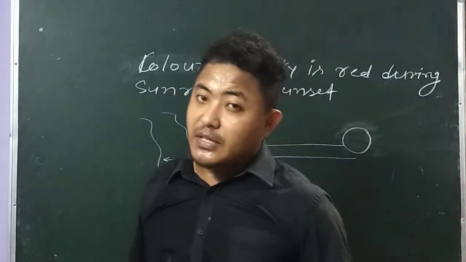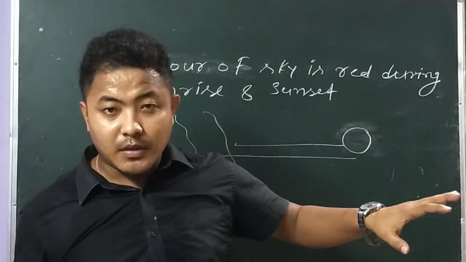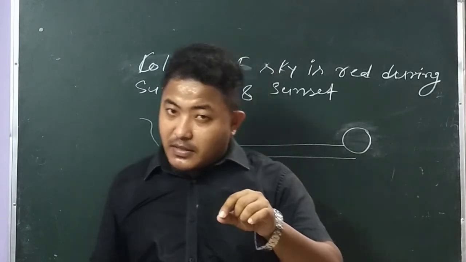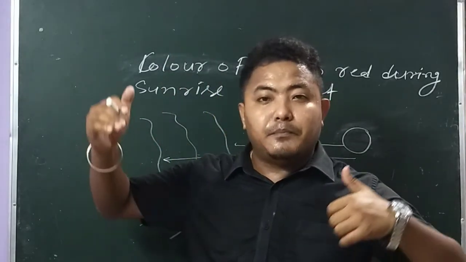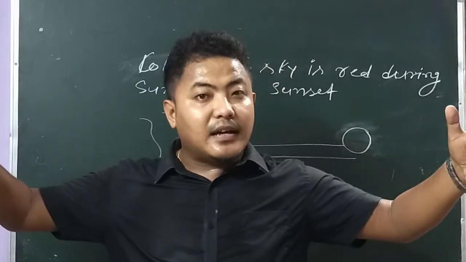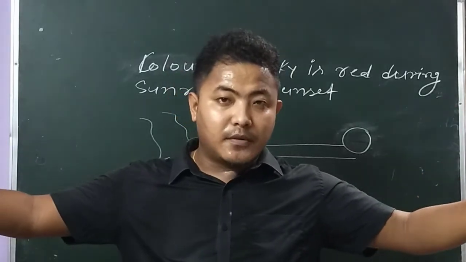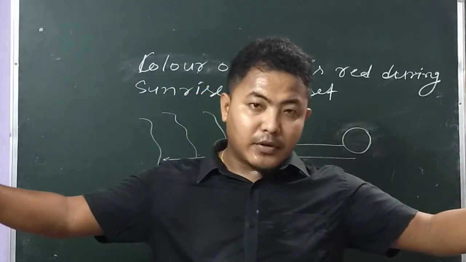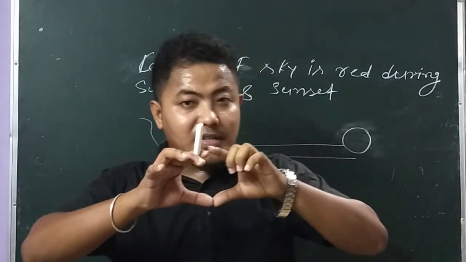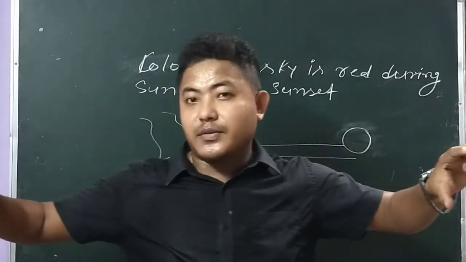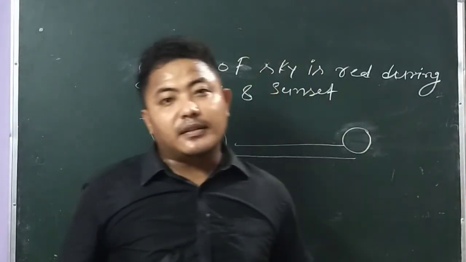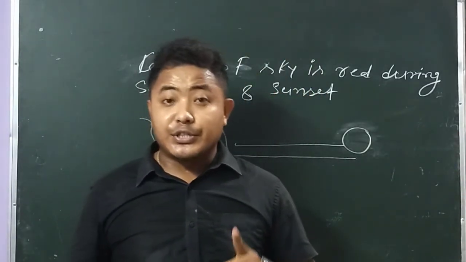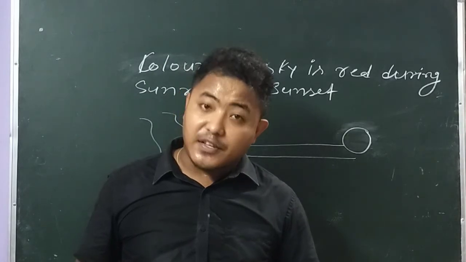That is why we see the sky blue. During sunrise and sunset, the path distance between the sun and the Earth atmosphere is long, and we know that red and orange colors have the maximum wavelength in this color setting. That is why we see the reddish color of the sky during sunrise and sunset.